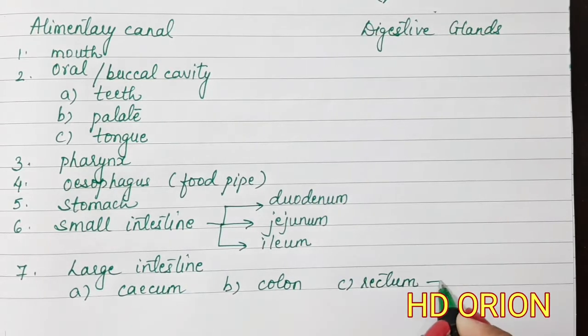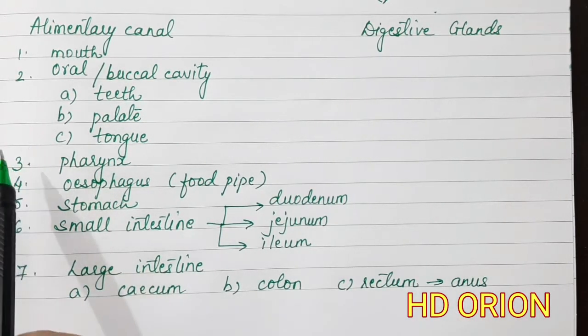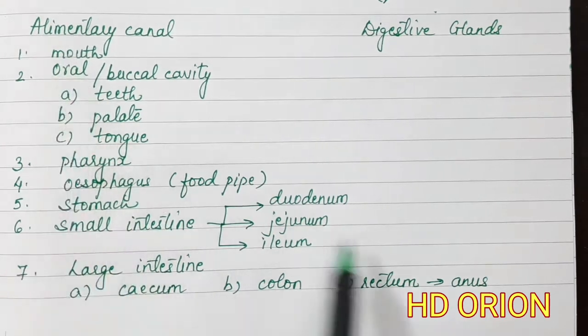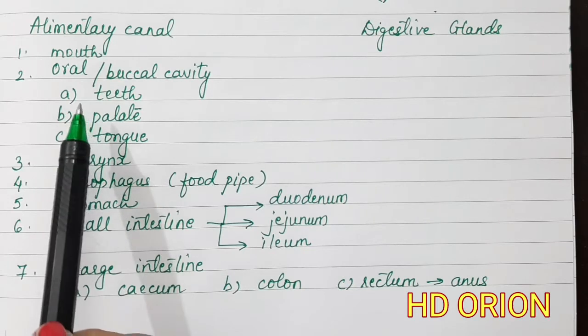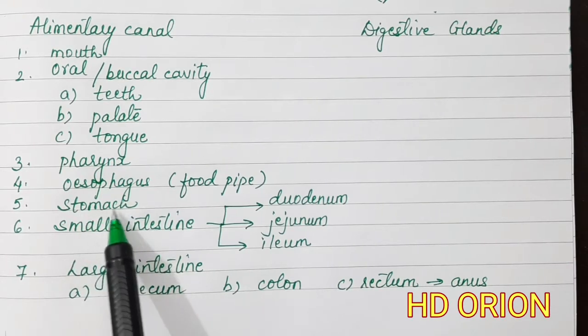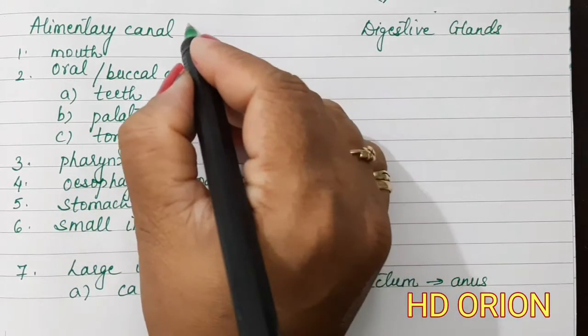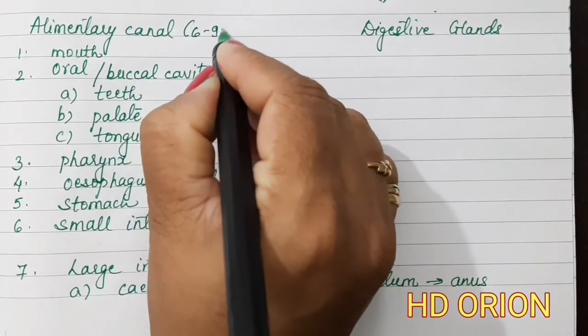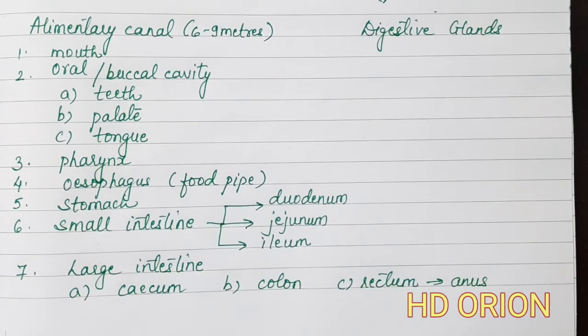The opening of rectum is the anus. So the alimentary canal starts from mouth and ends up in the anus, and this is a tube like structure. At some places it is very narrow, like the esophagus is a very narrow tube, somewhere it is larger like the stomach, and this is a tube which is almost of 6 to 9 meters in a human adult. Okay, so this is the alimentary canal.